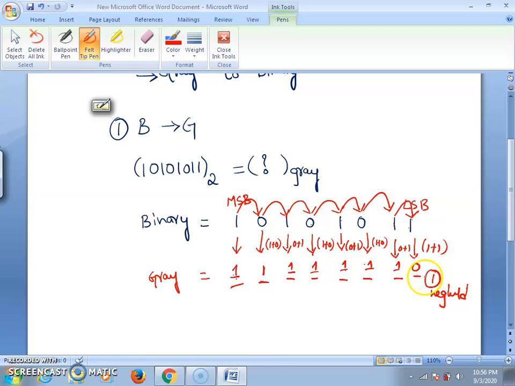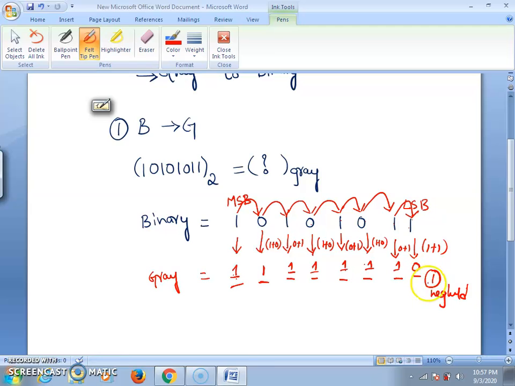Finally, in order to convert binary to gray, we are following the rules of binary addition. In the binary addition rules, the special case is 1 plus 1 is equal to 0 carry of 1. That means we consider only the sum, neglecting the carry. There is no need to note down the carry anywhere in the code.